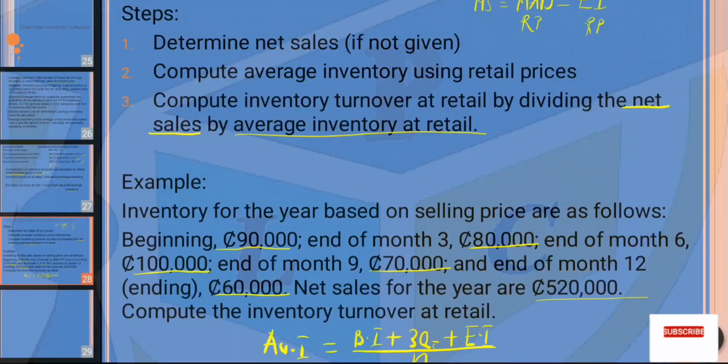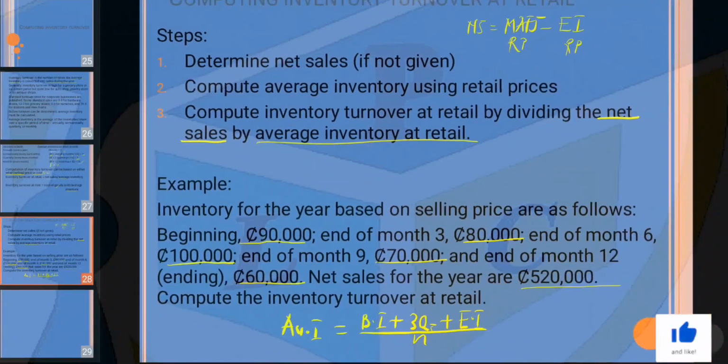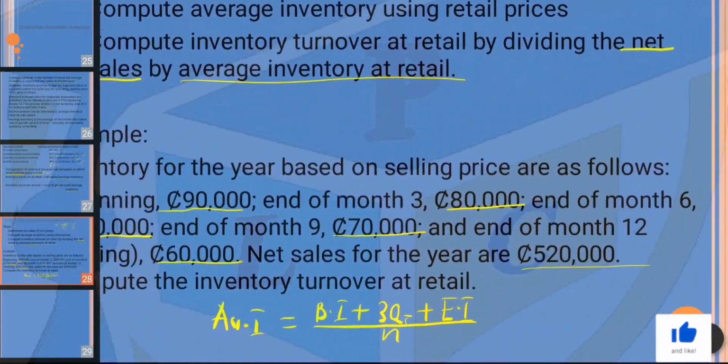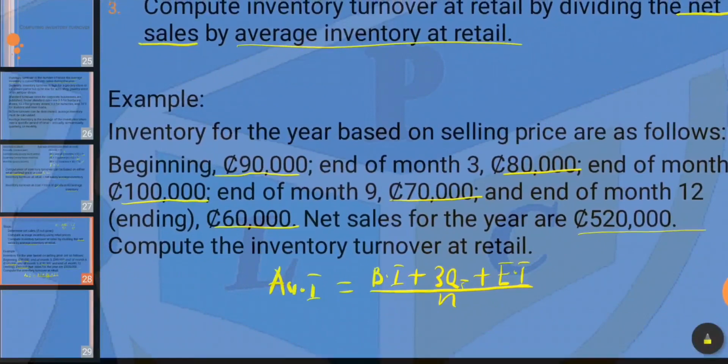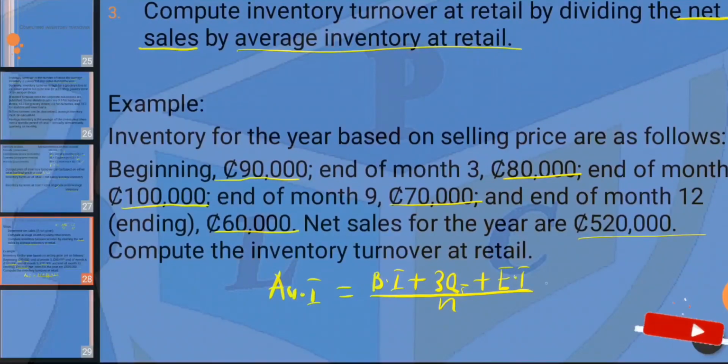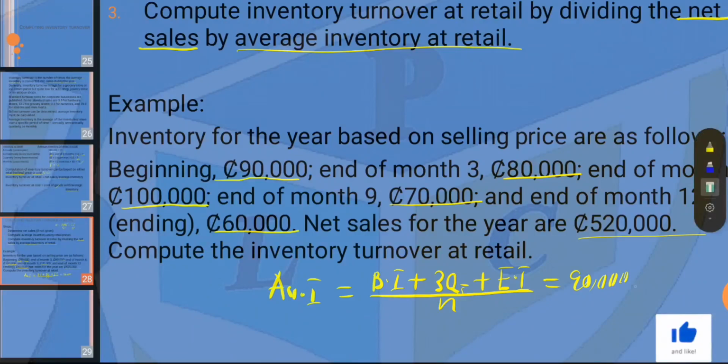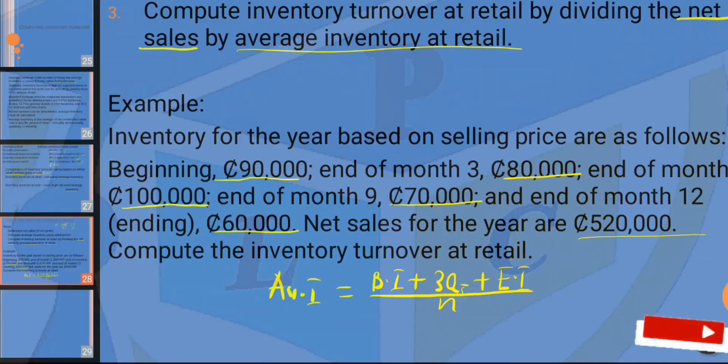Now let's compute our average. Sorry, my board is disturbing a bit. So the average inventory is going to be 90,000, but let me bring it down so that we can make use of it. We're going to add all these.